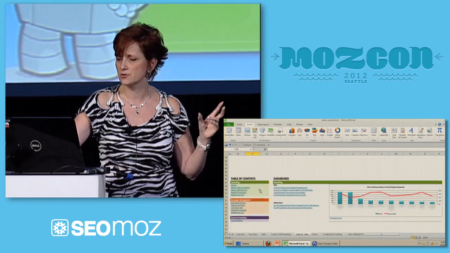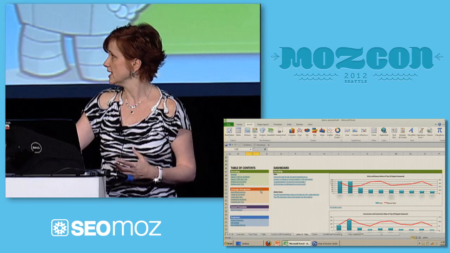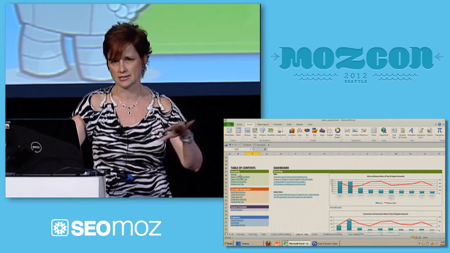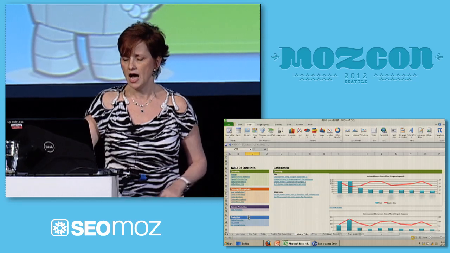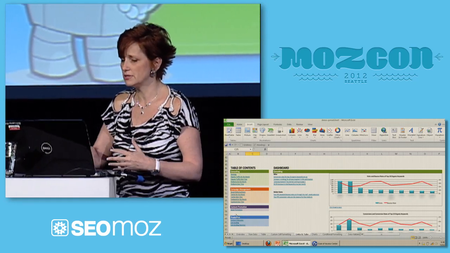So here is a screenshot of a dashboard I created. And with the table of contents over here, I had to do a screenshot because I had to blur out client data. But over here on the left, these are all links to the individual sheets.